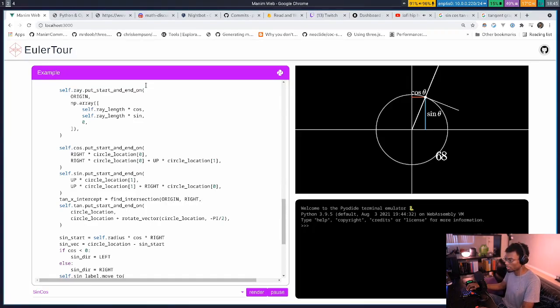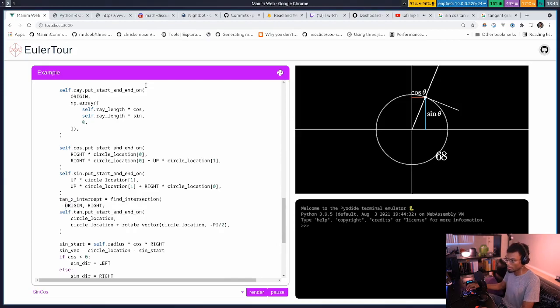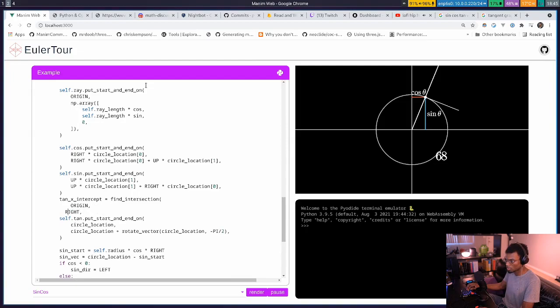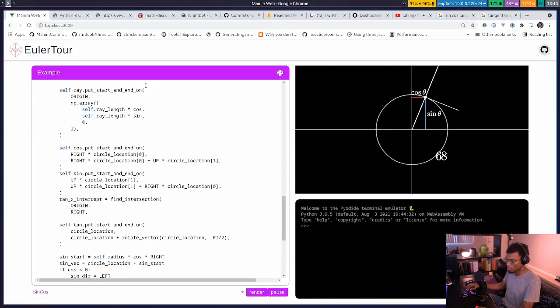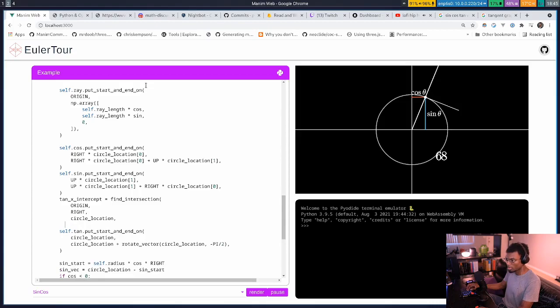That's the point in the direction. Then the second one, I haven't actually used Manim in so long. And the second one will be the circle location, and the direction will be that rotated vector, essentially.